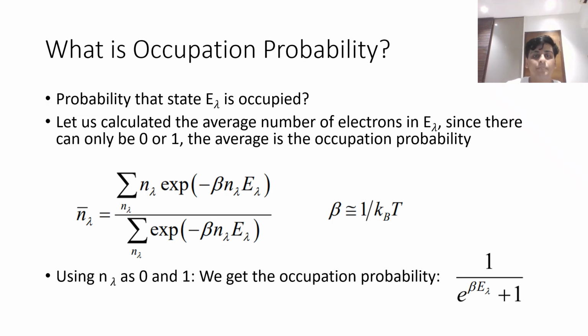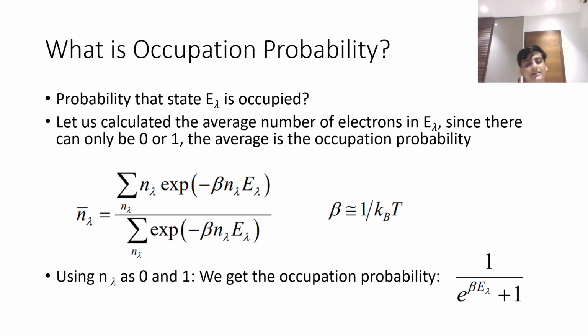Similarly, since the average number of electrons in E lambda can either be 0 or 1, the average becomes the occupation probability of the electron, just like the average became the probability of heads in that case.